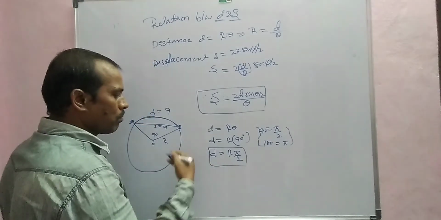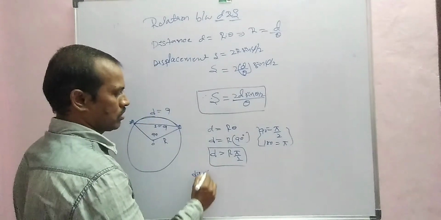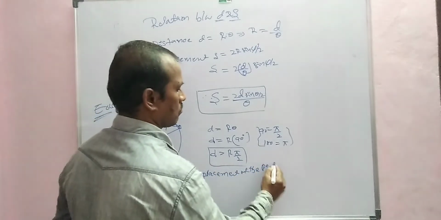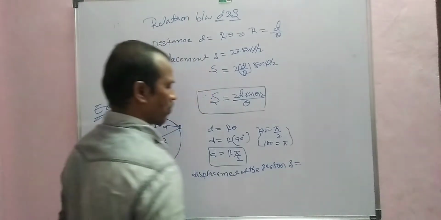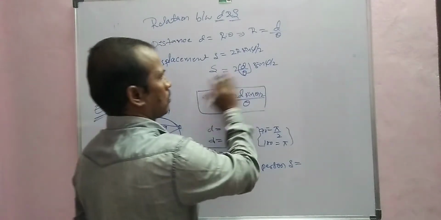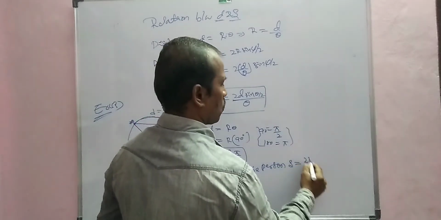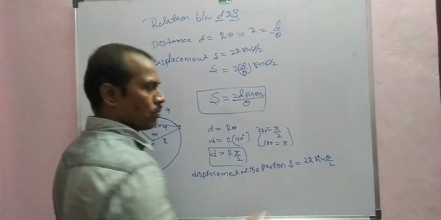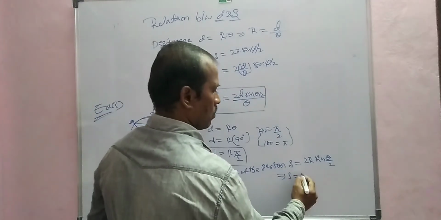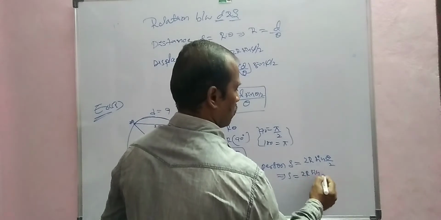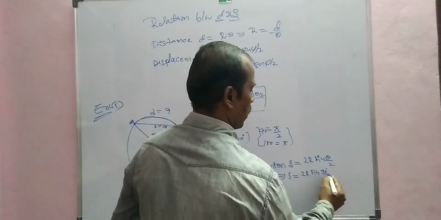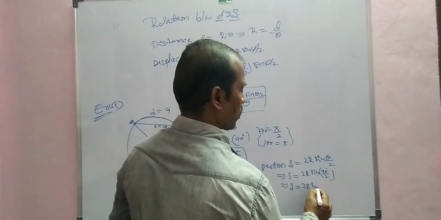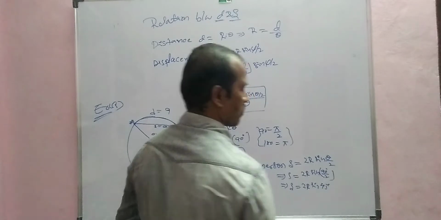Now the displacement of the person. Using the formula, s is equal to 2r sin of theta by 2. Theta is 90 degrees, so theta by 2 is 45 degrees.